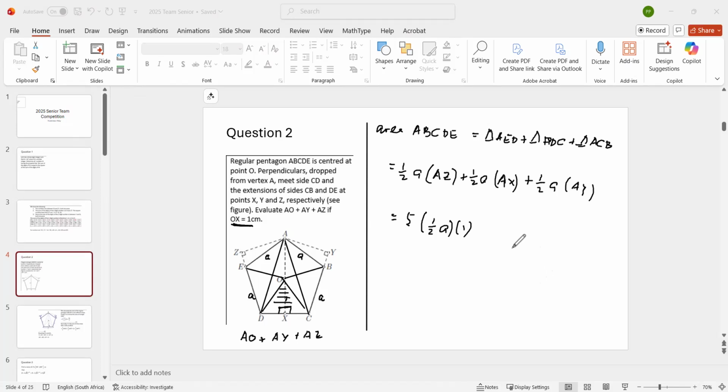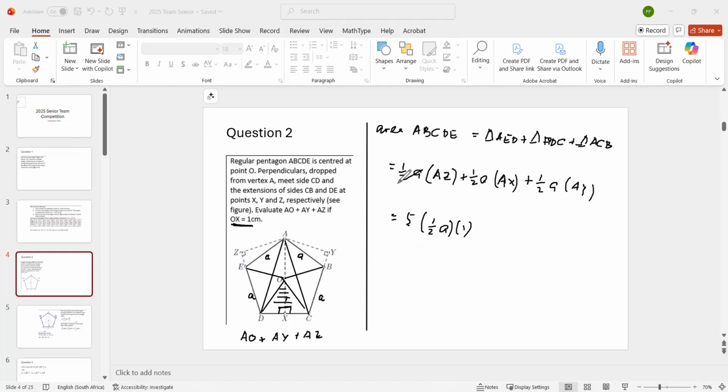All right. Now, so you got the area of this polygon in 2 different ways. One is equal to 5 times the area of each of these congruent triangles. And the other is what we've done here. If you look at this, you'll see that A is cancelled right throughout, and even the halves.